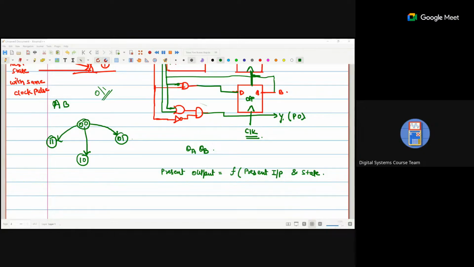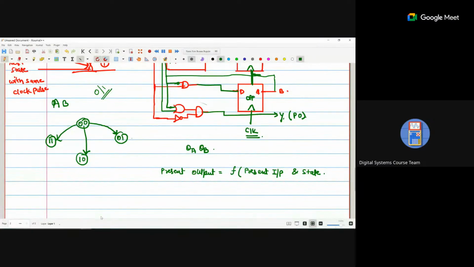Okay, so the present output is dependent on the present input as well as the state.